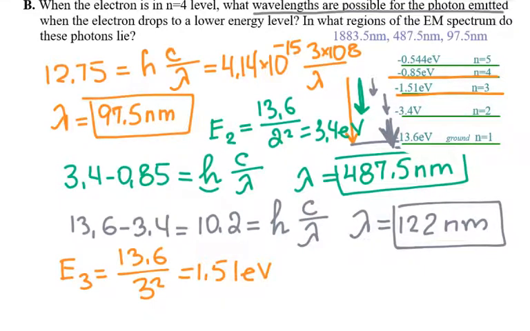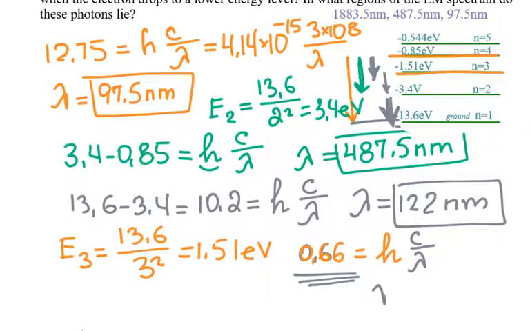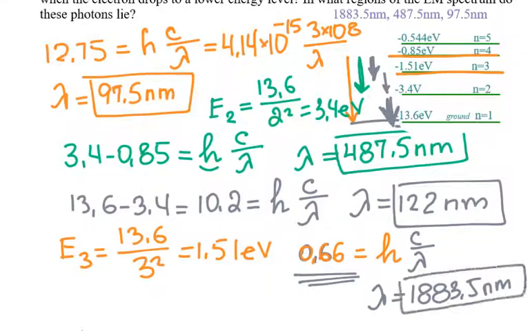So when it jumps from the fourth one to the third one, it will emit 0.66 electron volts, and that again equals h times c over lambda, which gives me the wavelength of 1883.5 nanometers. So these are the possible wavelengths.